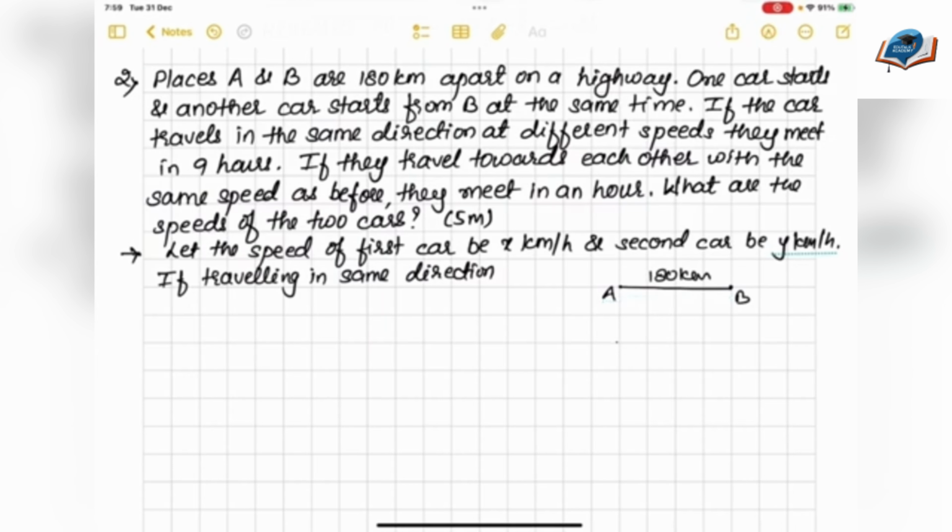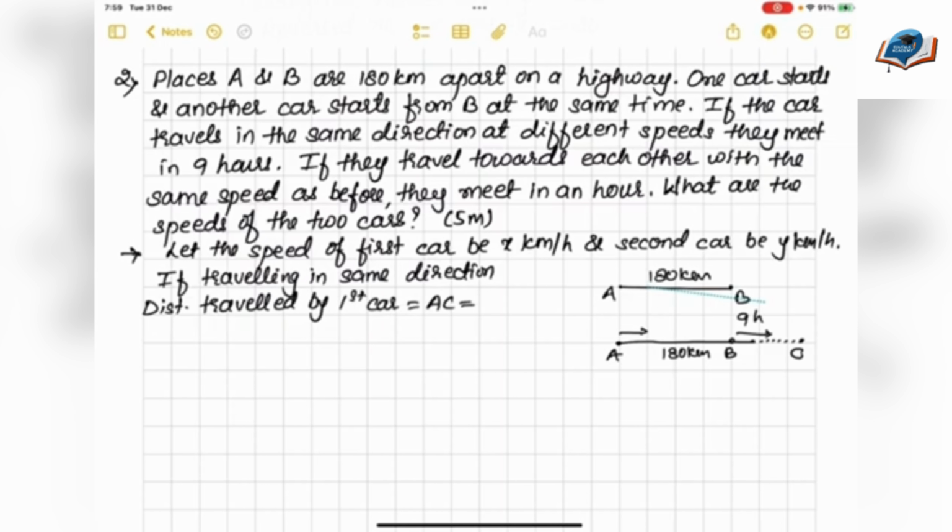Now, in this case, this is A, this is B point, and this is C point. Suppose this is 180 kilometers, one car is starting from here, one car is starting from here, and they meet after 9 hours. If traveling in the same direction, they are meeting at C point.